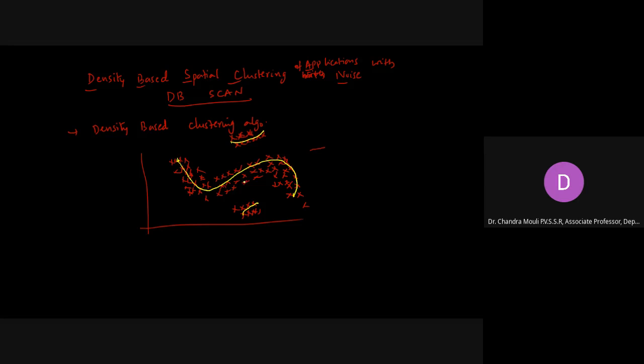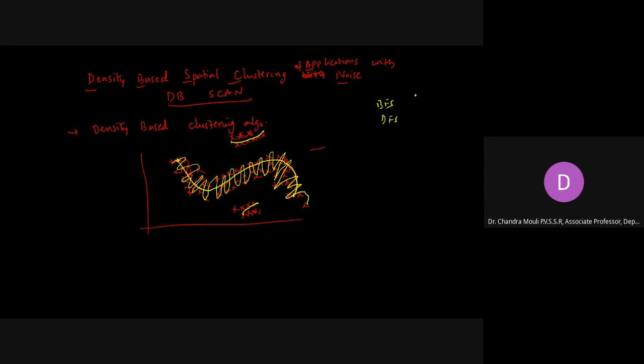So it starts with some arbitrary data point that has not been visited, and while it is traversing, it will keep track of every data point in the dense region, and mark that they have been visited, just like in graph traversal algorithms such as BFS or DFS.